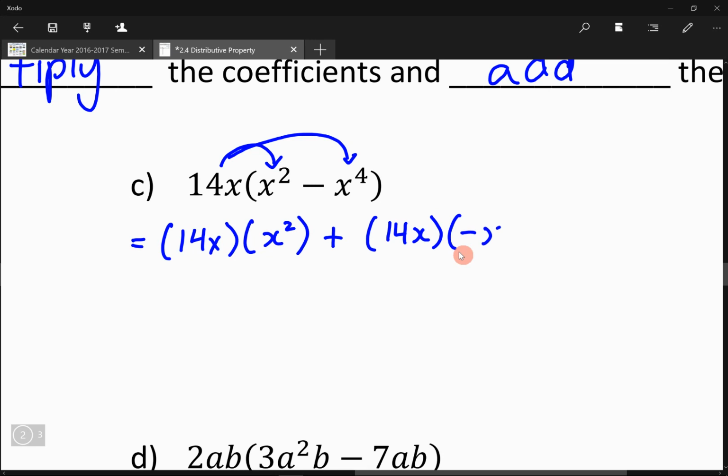So minus x to the exponent 4, and you just separate your terms with a plus sign in between. So here, when I multiply these brackets now, 14x times x squared is 14. Remember, invisible exponent of 1, so you add the exponents, so I get x cubed plus 14 times negative 1 is negative 14. x times x to the power of 4 is x to the power of 5.